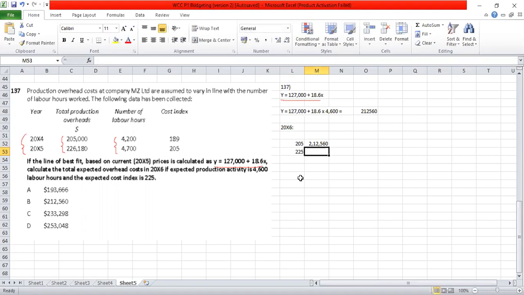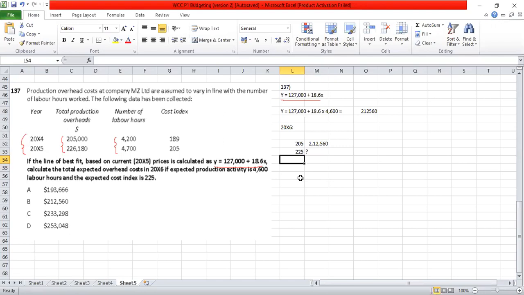So if it has moved up to 225, making the adjustment, incorporating that increase in the price, the costs are increasing. So when the index was 205, the trend suggests that the production overhead should be 212,560, but then it rose to 225.